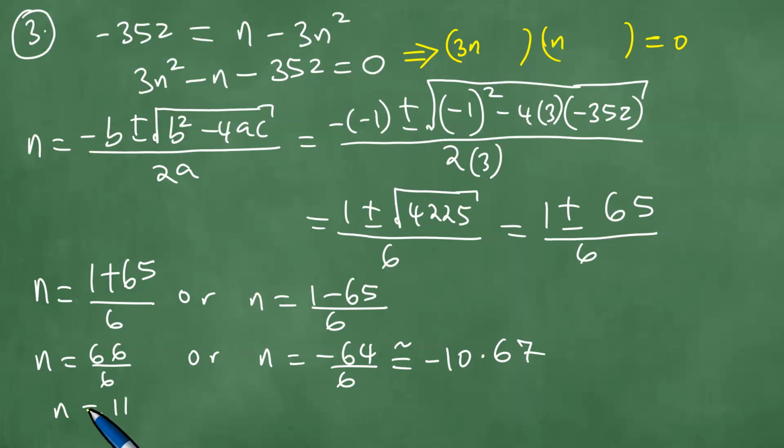Because you have an 11 here, you can put 11 as one of these, like n minus 11, and then you just need to put the other number here.